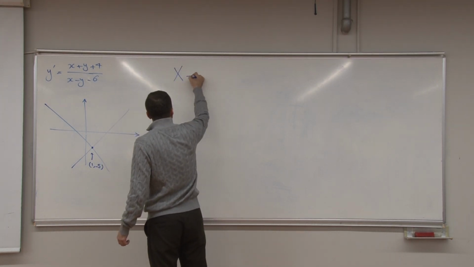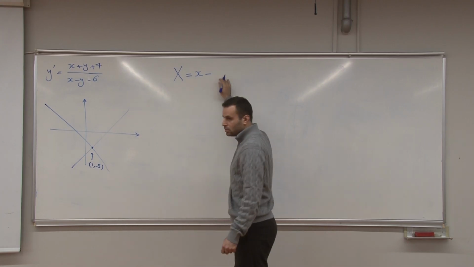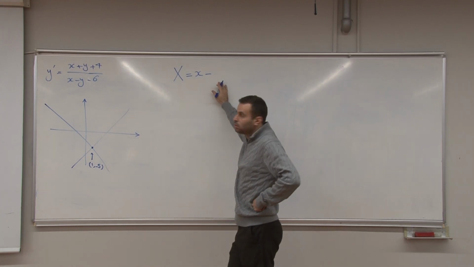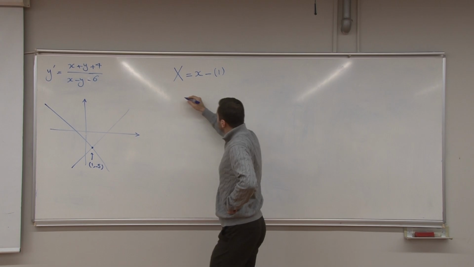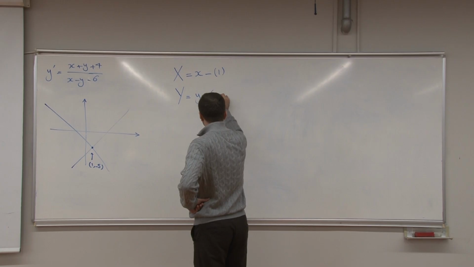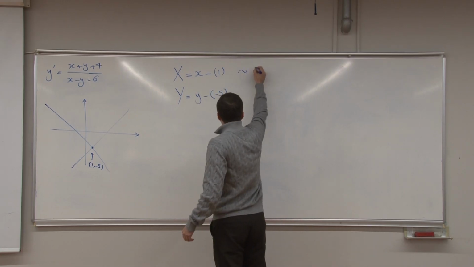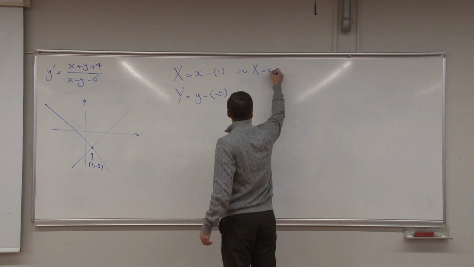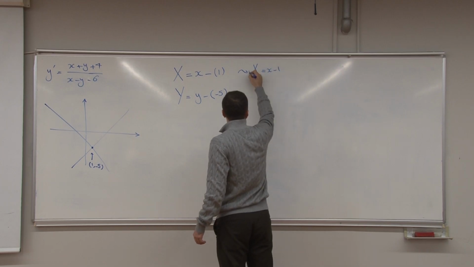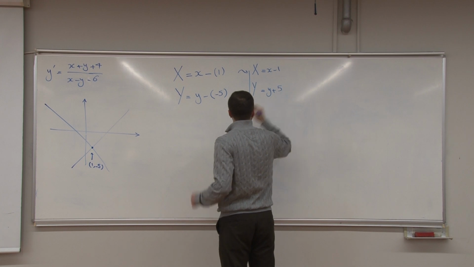If we have capital X equal to x minus 1, capital Y equal to y minus 5. Or capital X is equal to x minus 1, capital Y is equal to y plus 5. Okay?